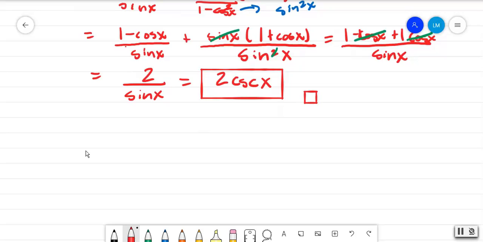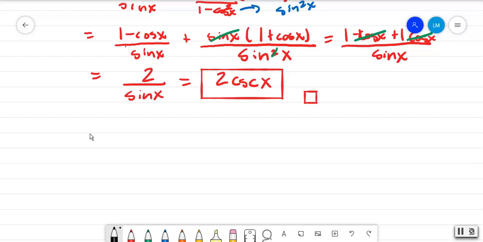Now, sometimes some identities may not actually be what they say they are. So in that case, whenever you get a contradiction, then you would just say that it's not an identity. Now, there is another way to prove statements.